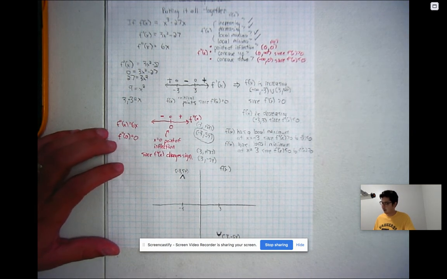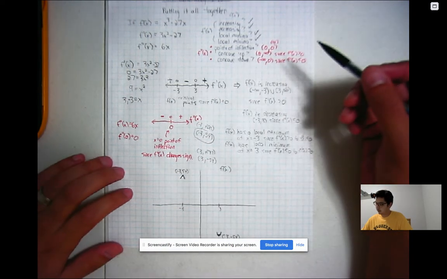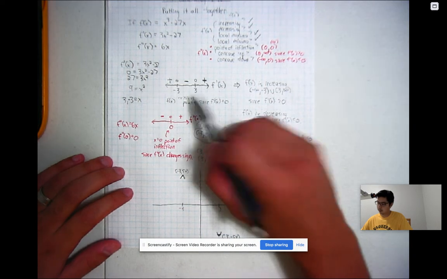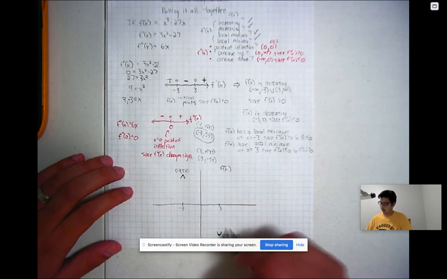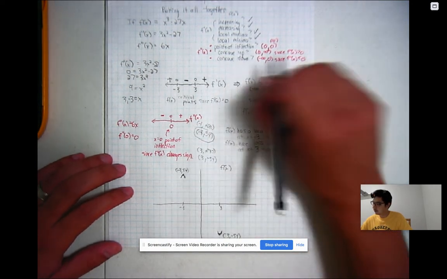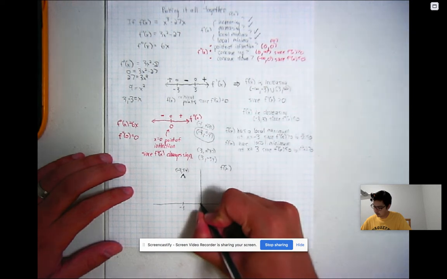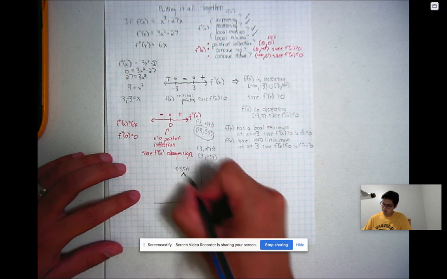And then what else did we find? Is that its critical points are at -3 and 3, which we know because the slope is 0 at those points as it changes sign. And at 0, 0 was a point of inflection. So that's when it's got to change from concave down to concave up.